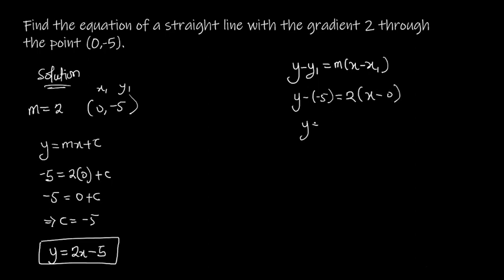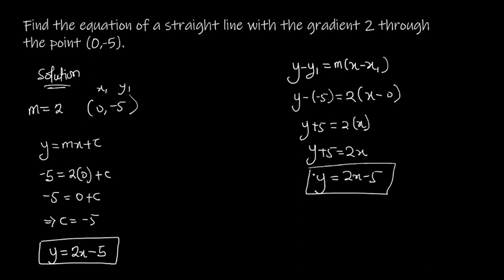So I have y plus 5 is equal to 2 multiplied by x, since this is 0. So I have y plus 5 is equal to 2x, and I can rewrite this as y is equal to 2x minus 5. So this becomes my equation of a straight line. Now you can see that these two equations are the same.